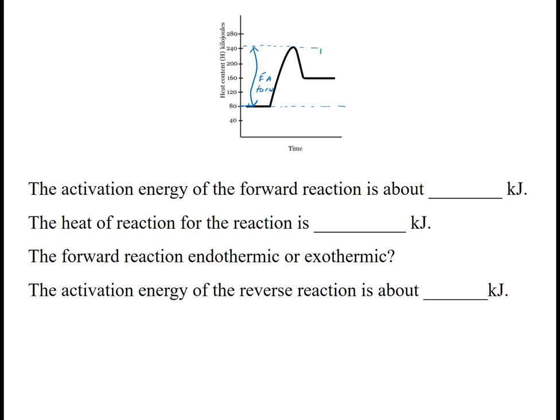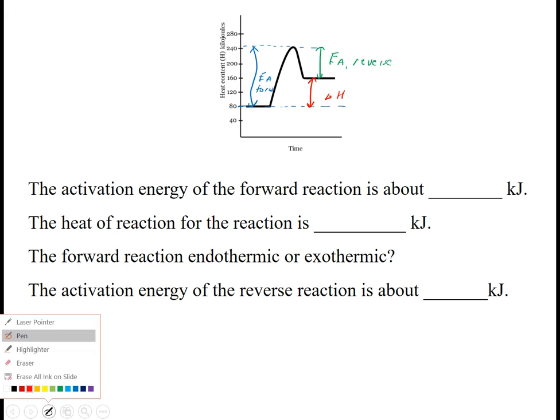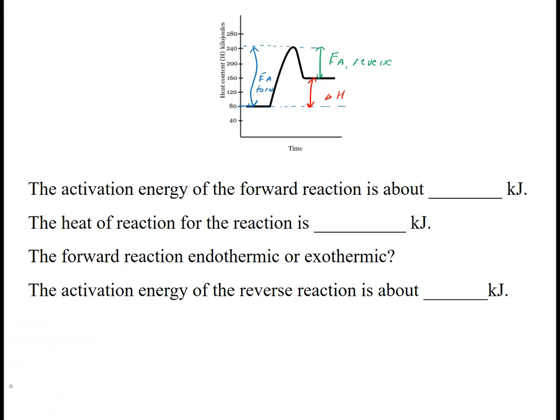This was a better line, is the EA of the reverse. And this last area here is delta H. Okay, so it asks what the activation energy of the forward reaction is.